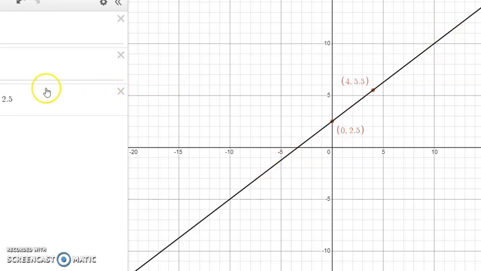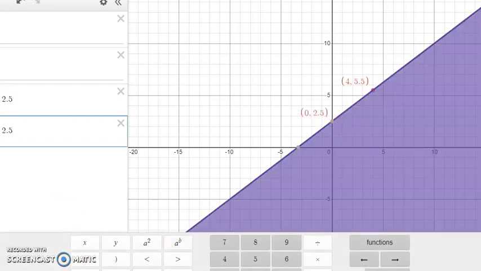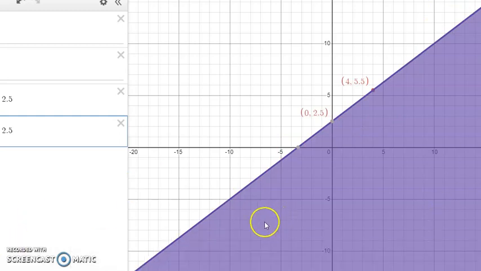It was less than or equal to. So now we shade in the correct region, and when we shade in the correct region, there we go. So the exact same as our graph that we graphed earlier.